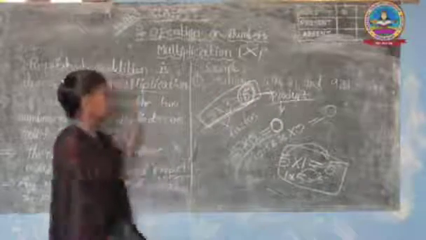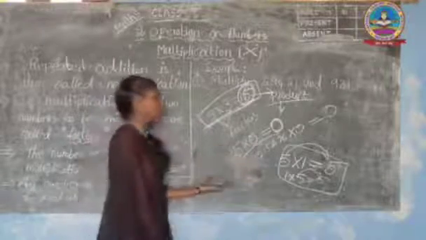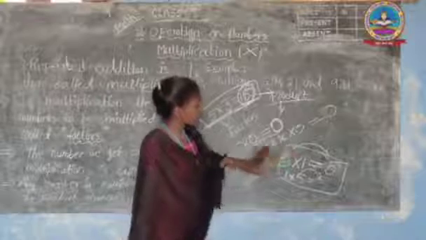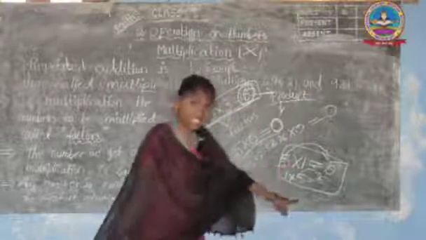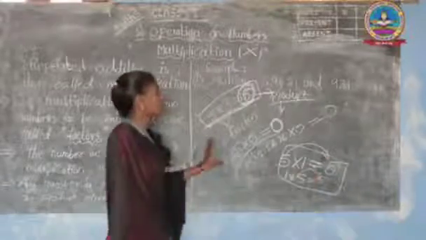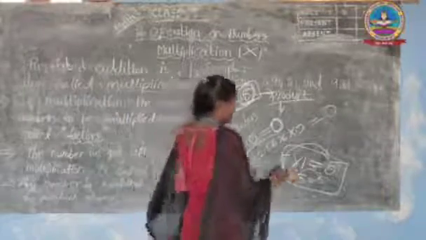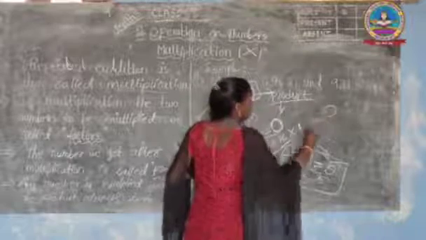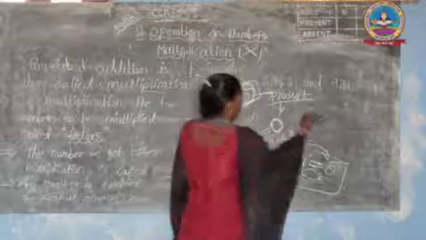The first rule is, any number multiplied by 0, or 0 multiplied by any number, the product is 0. And the second is, any number multiplied by 1, or 1 multiplied by any number, the product is always the number itself. These two are very important in multiplication. For a large number multiplied by 1, the product is this number itself.